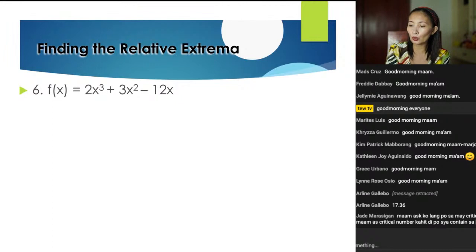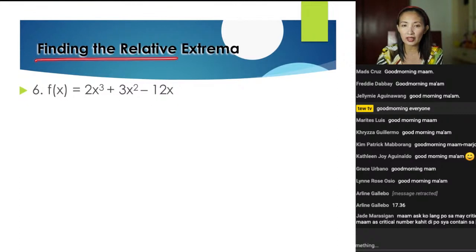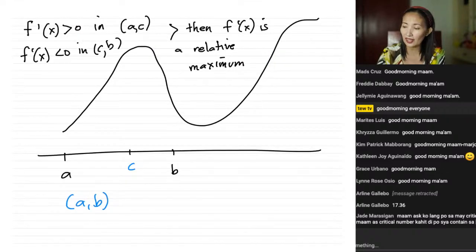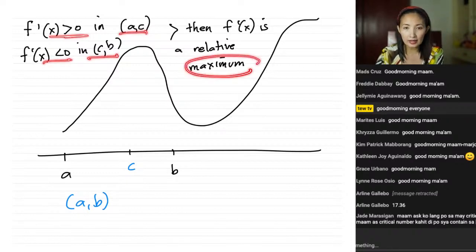Now, let's look into example number 6 and illustrate what we mean by the first derivative test. Just the same, find the relative extrema, this time using the first derivative test. Once again, the first derivative test says, if the first derivative is positive from A to C and negative from C to B, then it's a relative max.